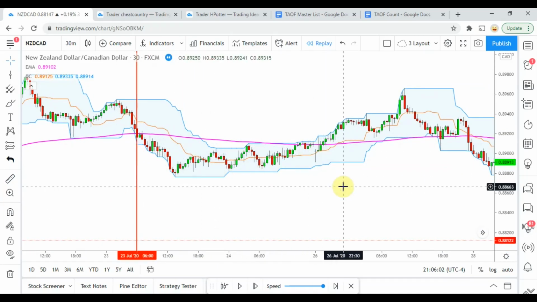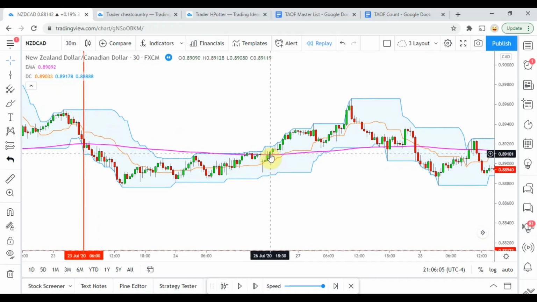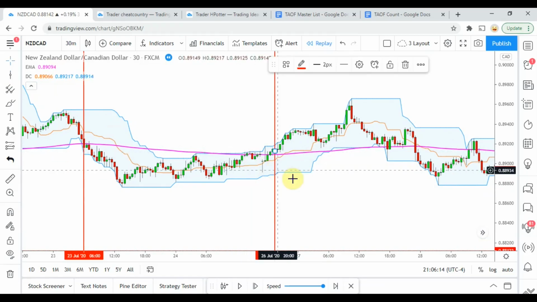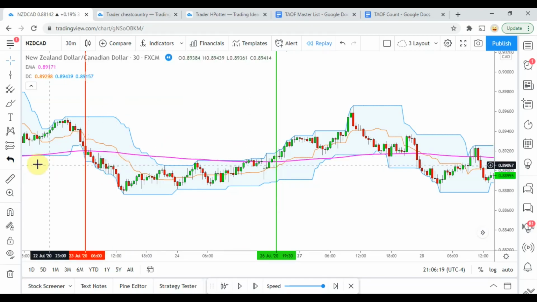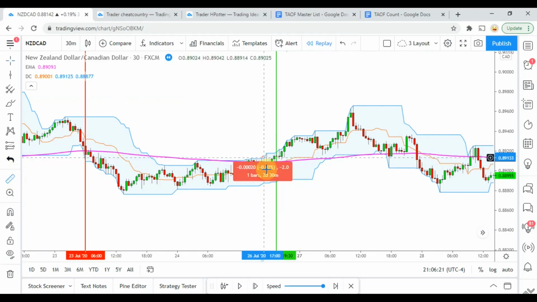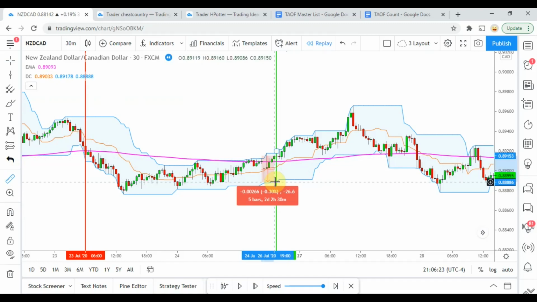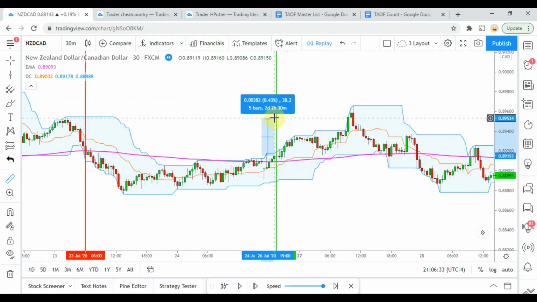Let's see, following it forward here, we get a break right here, but the upper band doesn't actually make a higher high until right there on that particular candle there. Let's see, and so we're at about 27 pips right there, and so we're looking at about 40 pips take profit.